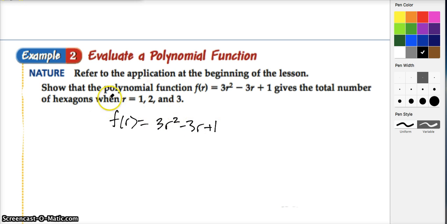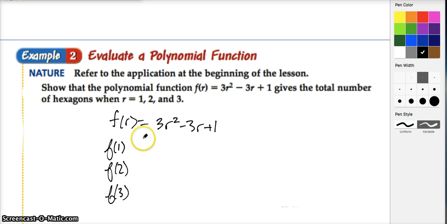And we're asked to figure out the value of, this refers to hexagons when you have a beehive, but we're not really worried about the context at this point. I really just want you to be able to evaluate f of 1, f of 2, and f of 3.